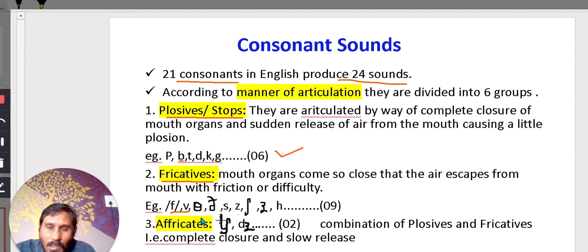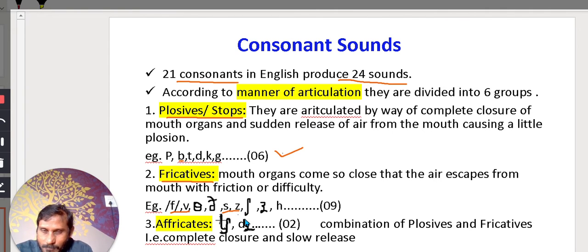And if you go a little backwards, theta, eth, alveolar region. It's not actually touching. If you go further back, s, z, s, z, s, z. This z is just like the word zoo. Small letter z, and there is a long s.